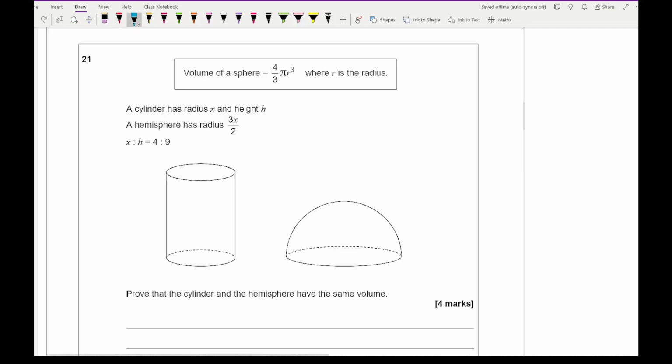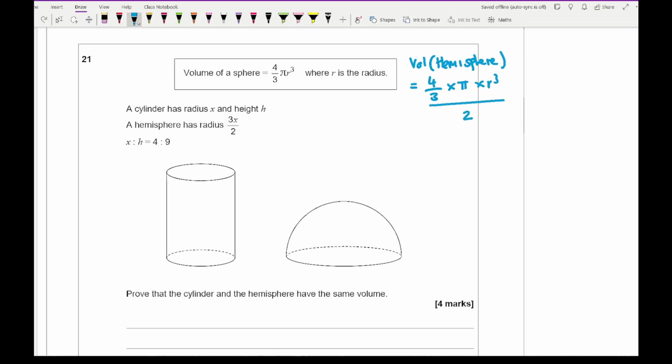So first of all, let's work out the volume of the hemisphere. Now to do this, we need to use the volume of a sphere, but divide it by 2. So the volume of the hemisphere is going to be 4/3 times pi times the radius cubed, all divided by 2. So then substitute the numbers in.